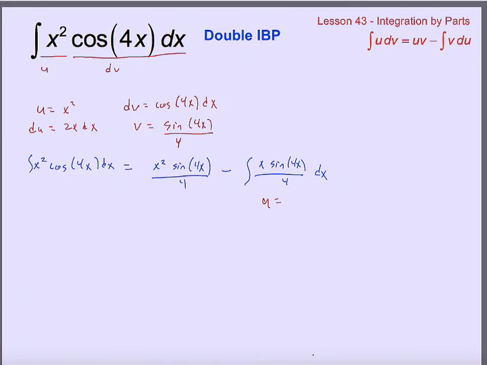It doesn't matter. So the derivative of that would be 1/4 dx. And the dv, the factor that's easy to integrate, is the sine of 4x dx. And the antiderivative of that, our v, would be negative cosine of 4x over 4.